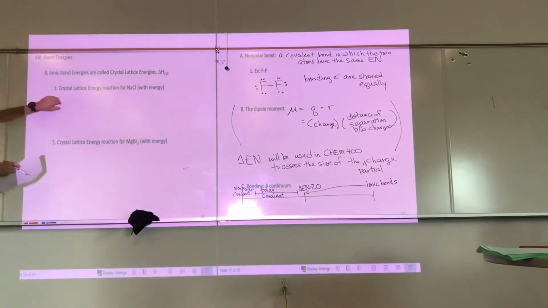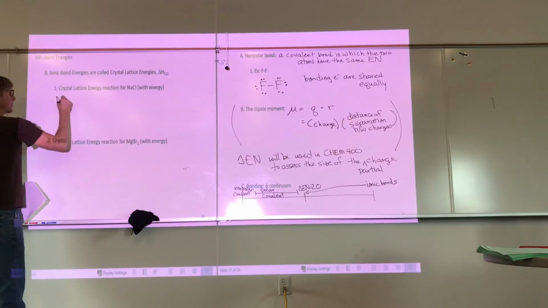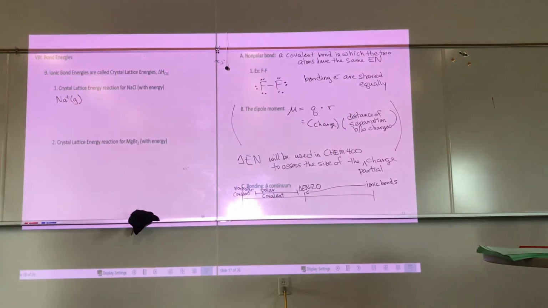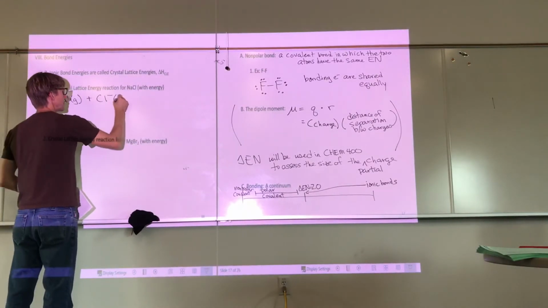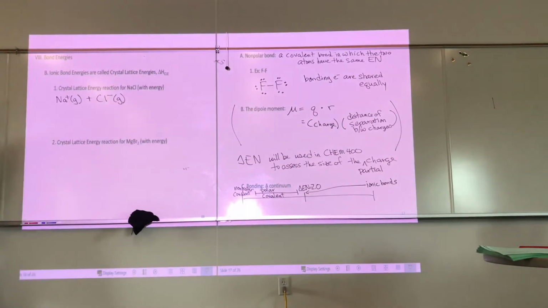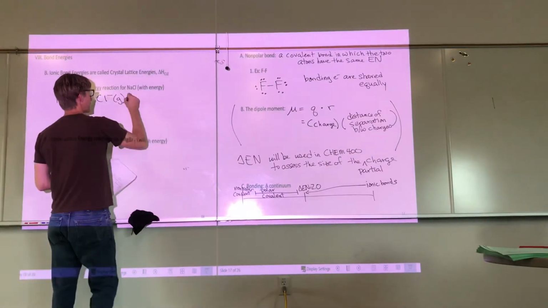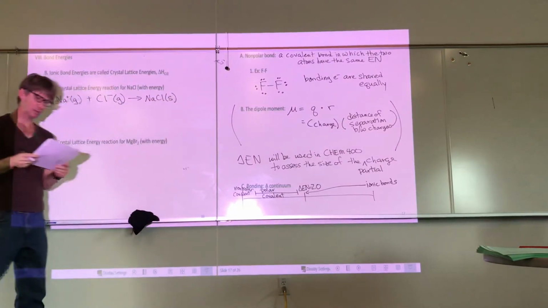Well, this will be another type of reaction, of very distinctive form. For sodium chloride, take a sodium ion in the gas phase plus a chloride ion in the gas phase. And our product will be sodium chloride solid.